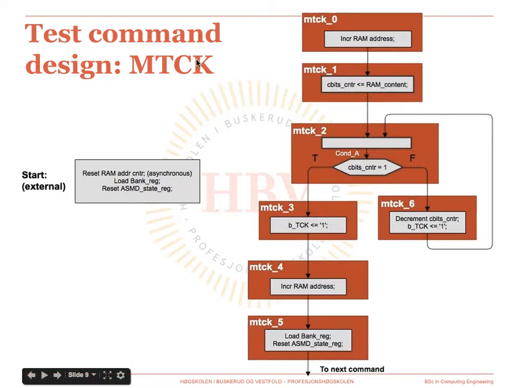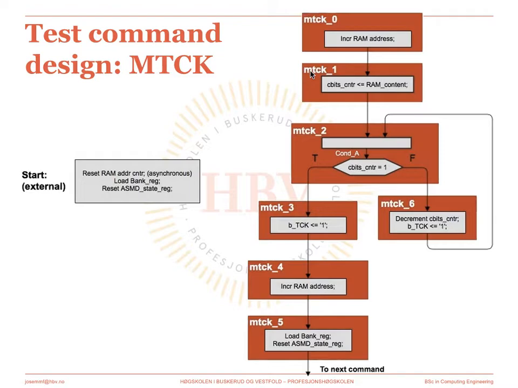This command takes up 2 bytes in the shared memory, one for the command operation code, or command opcode, which will be used to point to the microprogram memory section that contains the sequence of control signals and next state information for its implementation. And the other position in the shared memory will be taken to indicate the number of required TCK pulses.